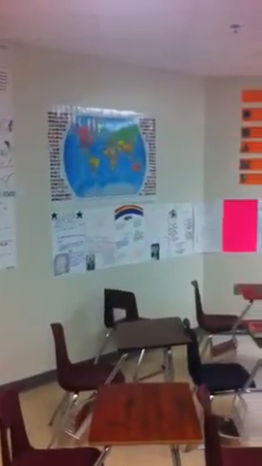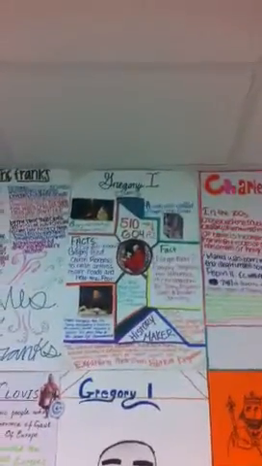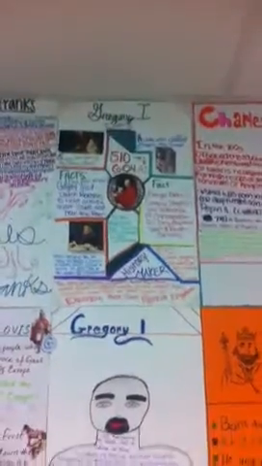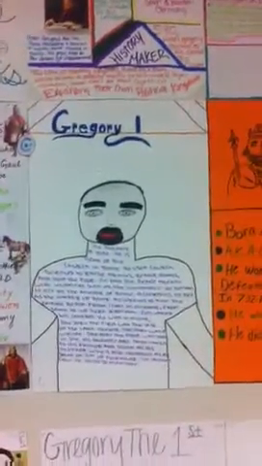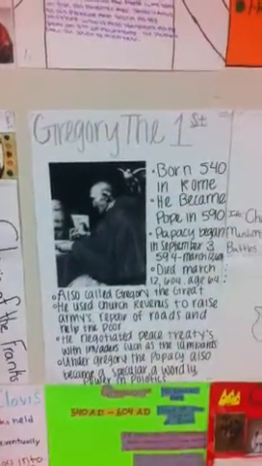There's that timeline for 7th period. They just didn't fit on the wall. Then, again, for 2nd period, there's Gregory the First. There is 6th period's Gregory the First. Here is first period's Gregory the First, and then you have 4th period's Gregory the First.